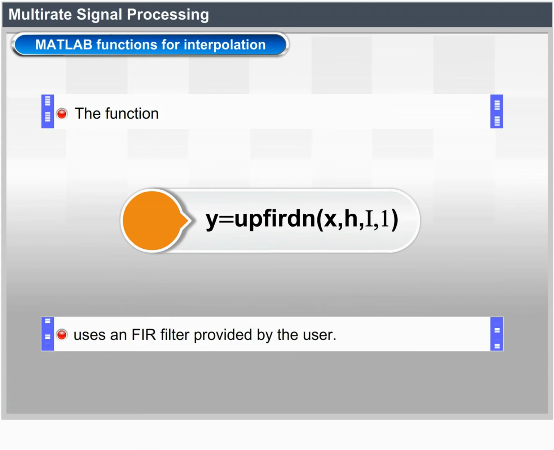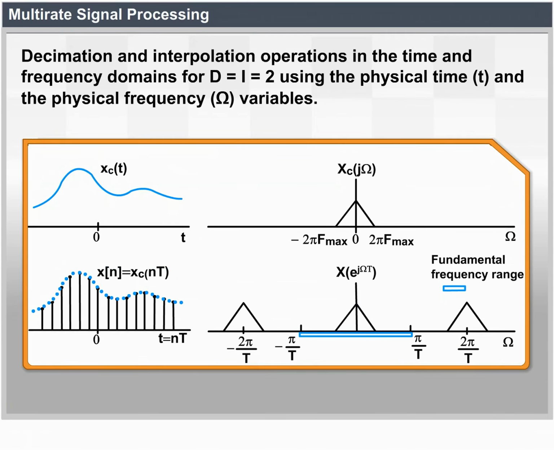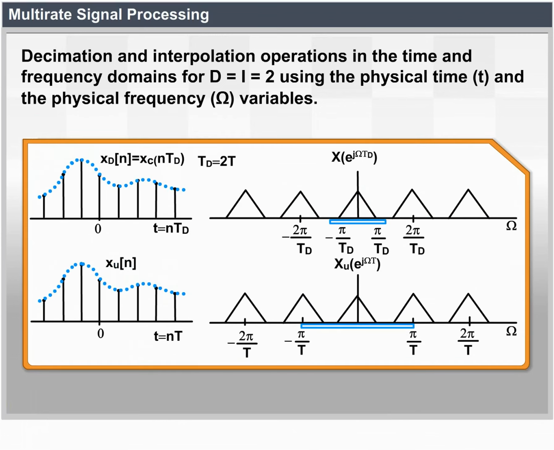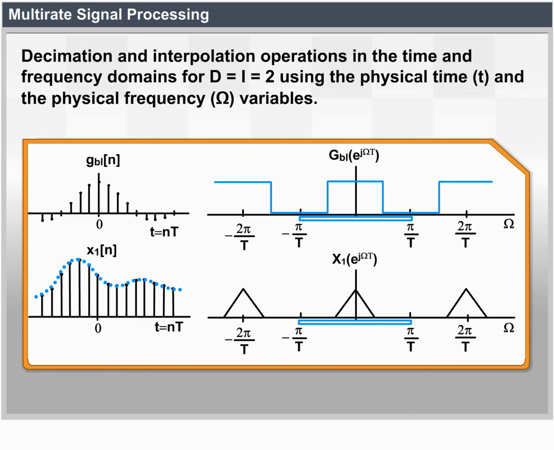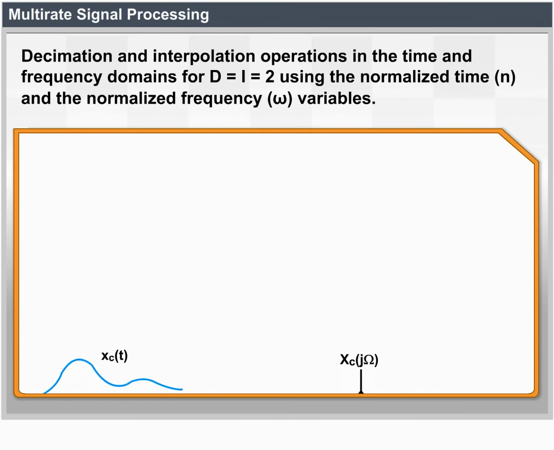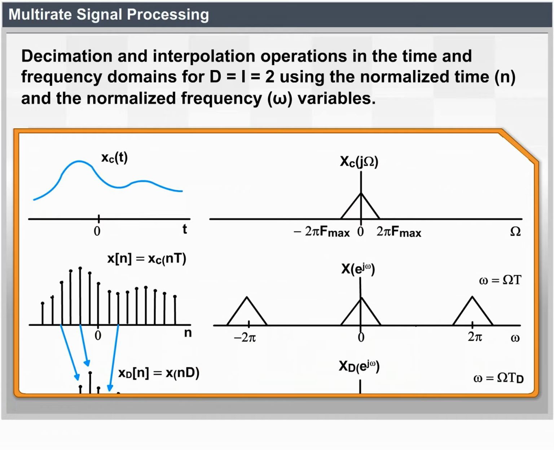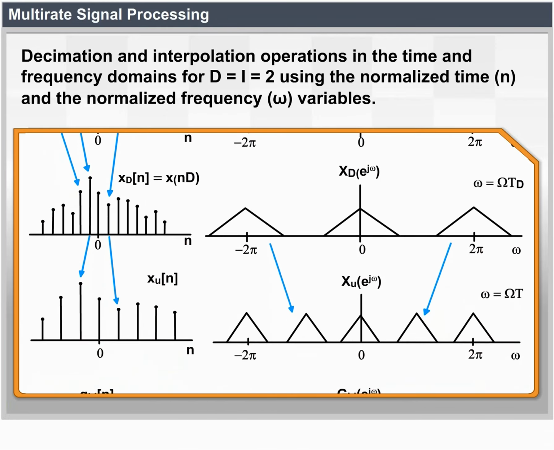Figure: decimation and interpolation operations in the time and frequency domains for D = I = 2 using the physical time t and the physical frequency Ω variables. Figure: decimation and interpolation operations in the time and frequency domains for D = I = 2 using the normalized time n and the normalized frequency ω variables.